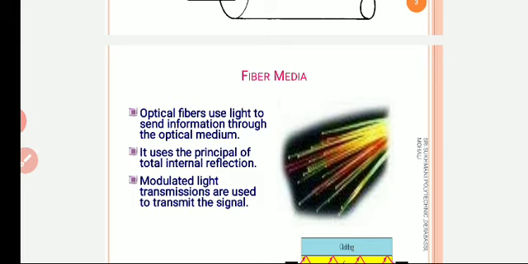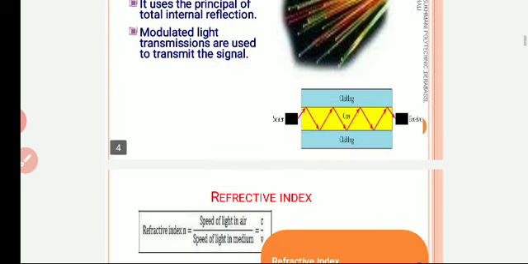Whatever information we want to transmit to a longer distance, first it is modulated using a carrier. The modulated light is then transmitted through the optical fiber using the core-clad interface.